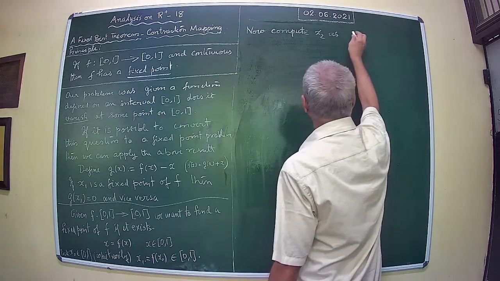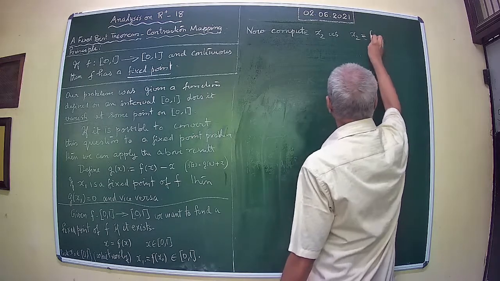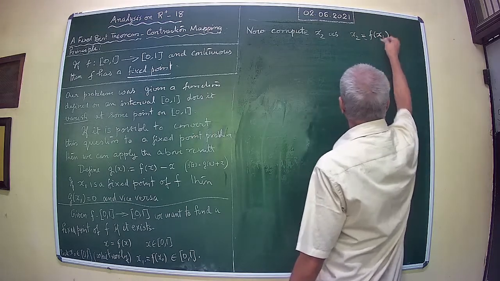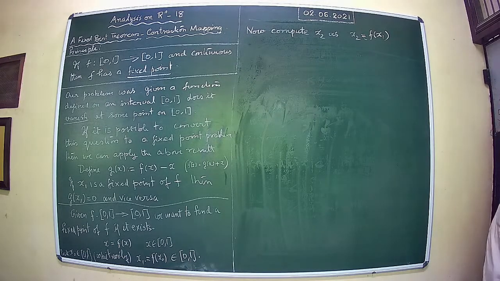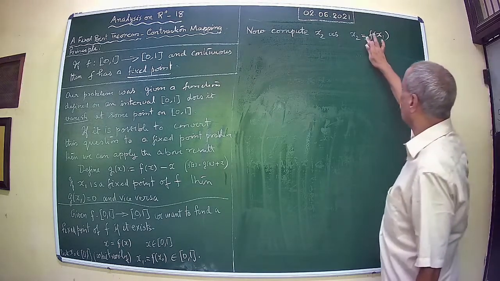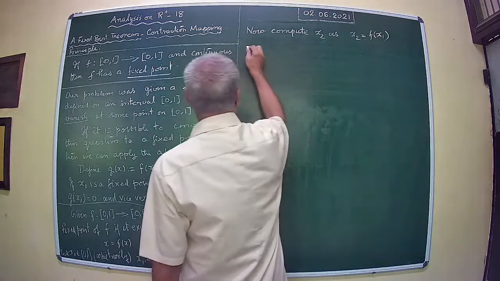Once again x2 belongs to [0, 1]. So f is defined, so you can work with x3 and so on.